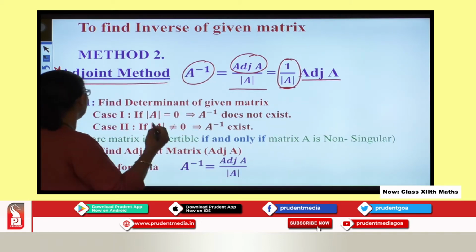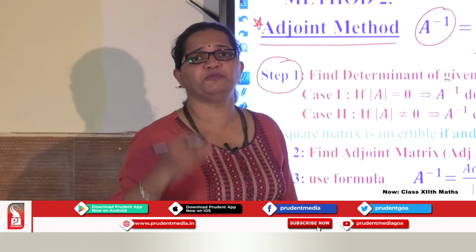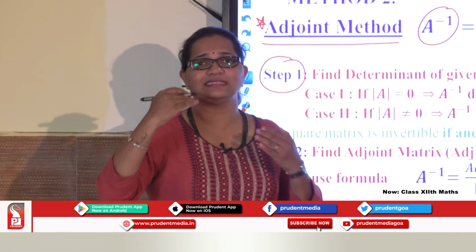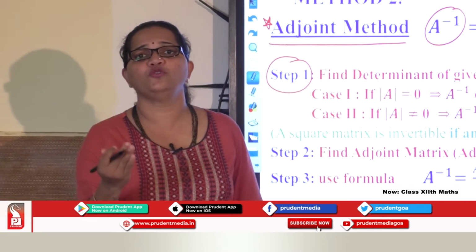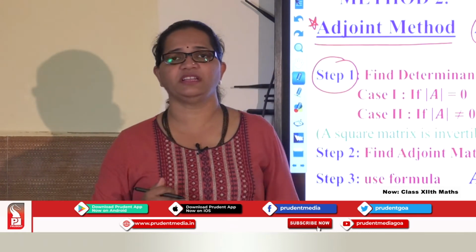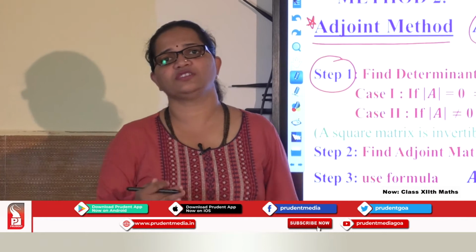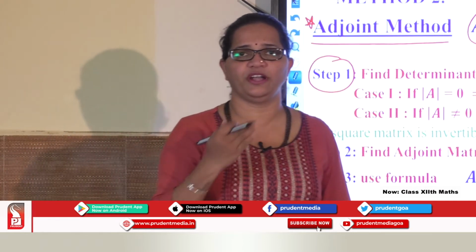So basically if you look at the steps, I tried to put this method stepwise so that you will have a clear-cut explanation to proceed further to find the inverse of a matrix using the adjoint method.